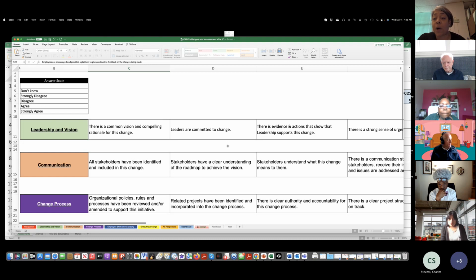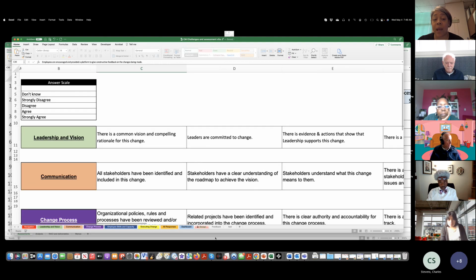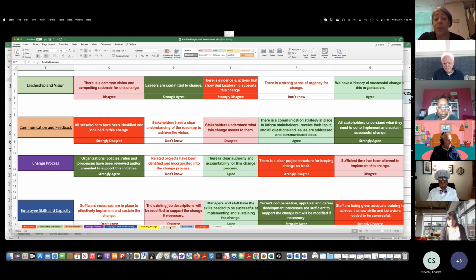Is a positive response of strongly agree really going to get you a positive result on the score, or is it a negative result on the score? So I think part of the discomfort of having to really read this is that it forces that discussion. If you go back to that last slide you had, it forces you to say, okay, all the reds are really bad, but where do they really fall on the scale?